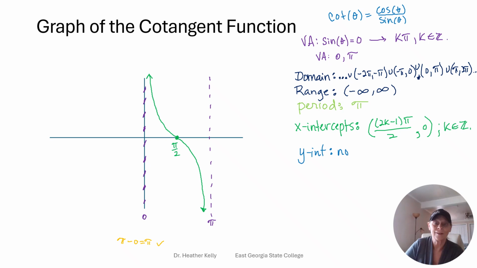There is none. There is none because x equals 0 is a vertical asymptote.